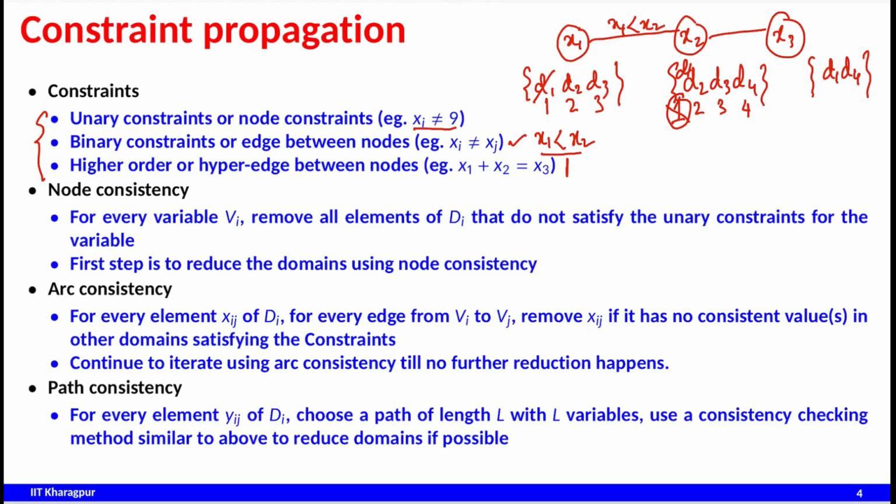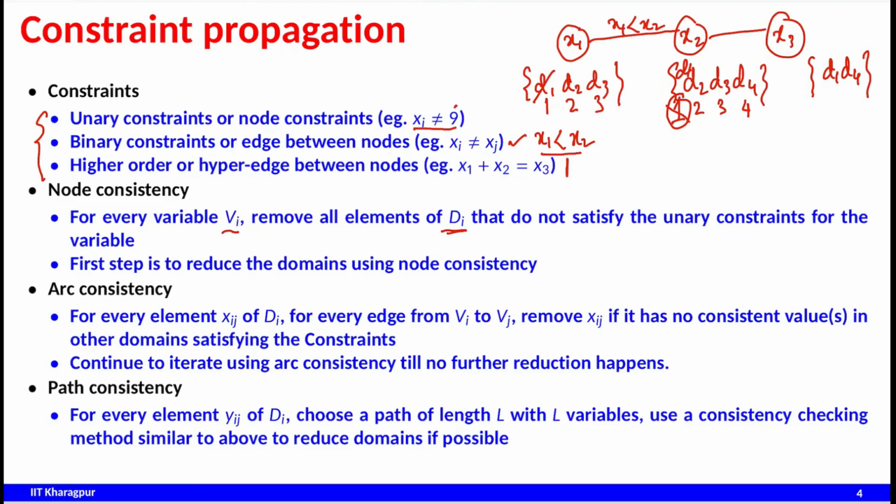Now we go ahead with the node consistency, which I was telling earlier: if I say xi is not equal to 9, then I can simply remove 9 from the domain. That is nothing but node consistency, because I want to make all the nodes consistent. What it says is that for every variable vi, remove all elements di that do not satisfy the unary constraint for the variable.